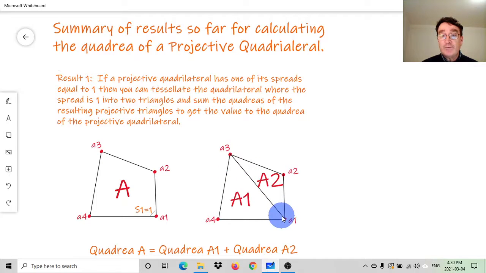Then the quadria of A is equal to the sum of the quadrias of the two projective triangles that are formed when you do the tessellation. So the quadria A is equal to the quadria A1 plus the quadria A2. So that's the first result.